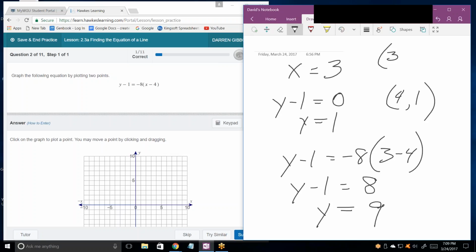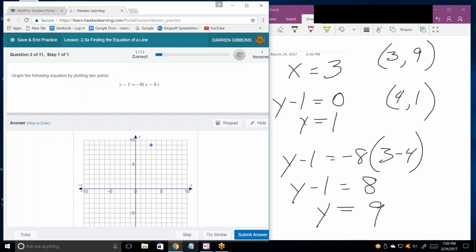In other words, when I use an x value of 3, I get a y value that I can actually plot on the graph they gave me. So the first point I'm going to plot is (3, 9), right there. And the second point that I'm going to plot is (4, 1), right there.